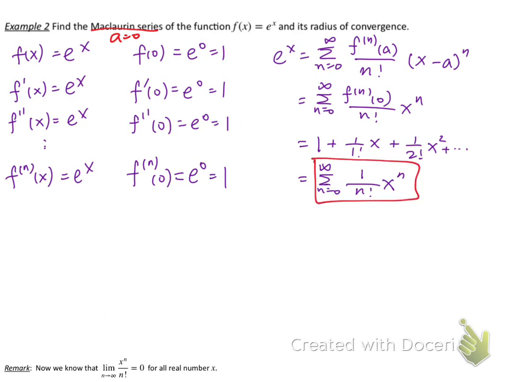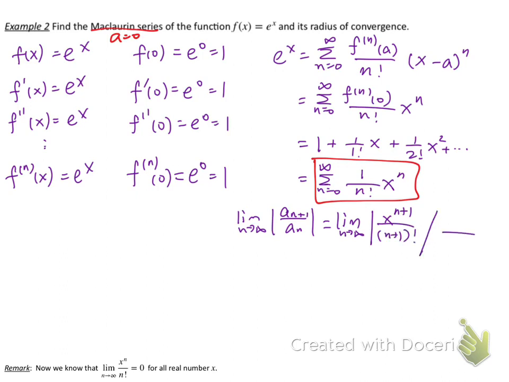Then its radius. I have n factorial, so I'll work with the ratio test. The limit as n approaches infinity of the absolute value of a_(n+1) over a_n will be the limit as n approaches infinity. a_(n+1) will be x^(n+1) over (n+1) factorial, over the nth term, which will be x^n over n factorial.